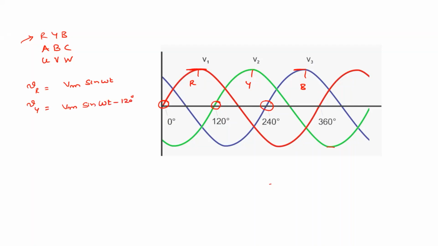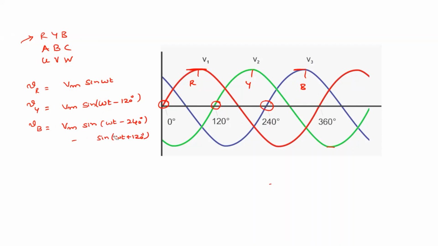Similarly, the B phase is Vm sine omega t minus 240 degrees. Agree? Yes, sir. This is also equal to Vm sine omega t plus 120 degrees.